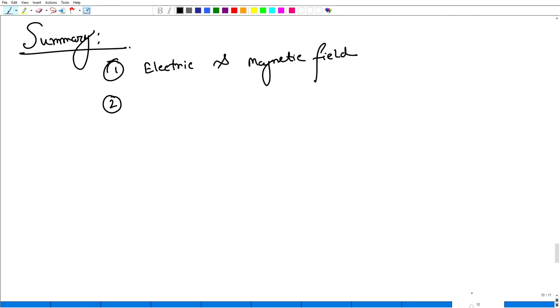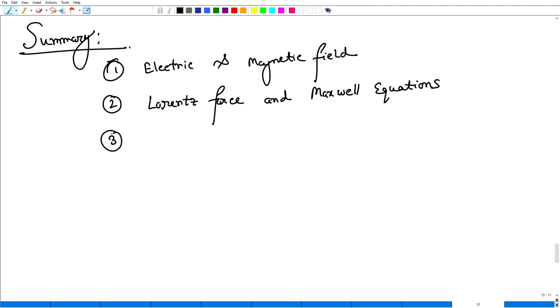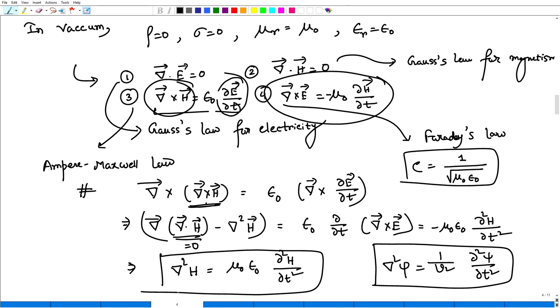Okay. So here we discussed how the electric field and magnetic field are defined, then the Lorentz force and the Maxwell equations. These Maxwell equations consist essentially of 4 equations. Now after doing the analysis of the Maxwell equations, we evaluate the form of electromagnetic waves.